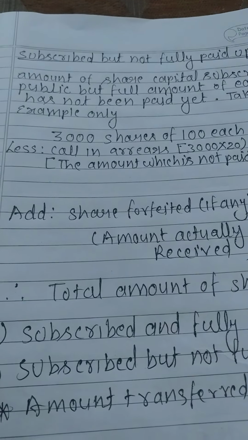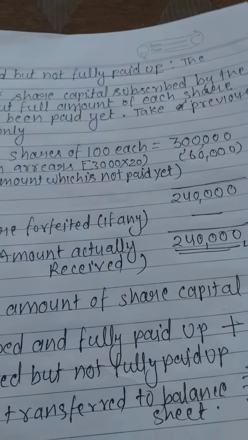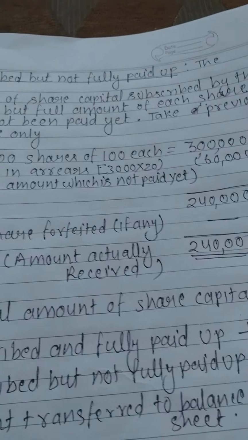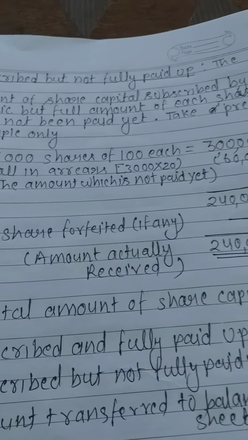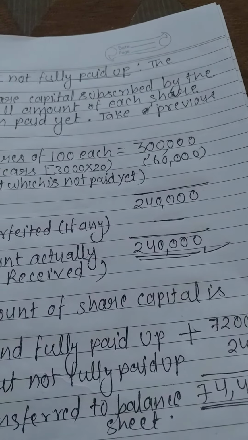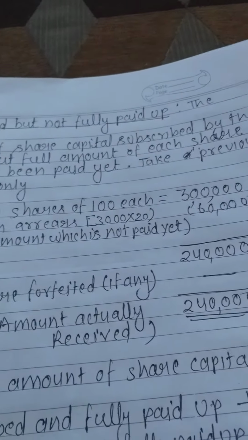Suppose it is given in the question shares forfeited, then you have to add it. Now the total amount that we have received, that is 2,40,000, goes under the heading subscribed but not fully paid up.